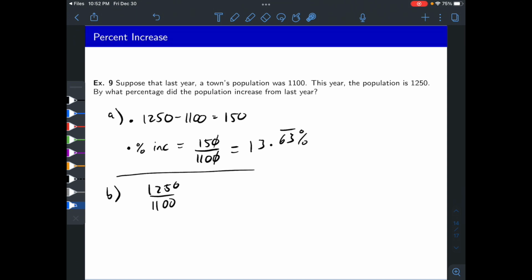I'm going to convert that to a percentage. My calculator is telling me that as a decimal, this is 1.1363 repeating, or 113.63 repeating percent.